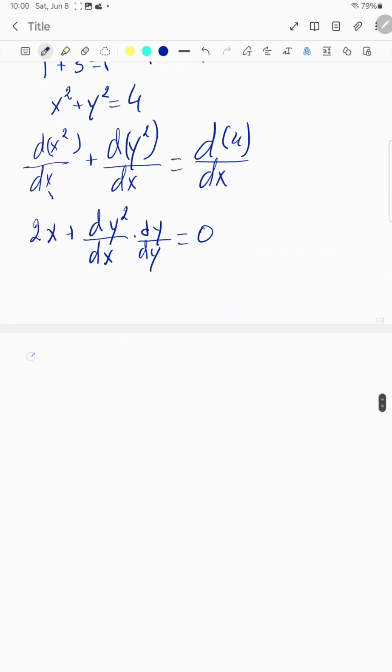Now it becomes 2x plus. I know that 3 times 4 is equal to 4 times 3, so I can swap my dx and dy, because in the multiplication of fractions, I multiply numerator times numerator and denominator times denominator. So here I will swap my denominators and nothing would change, because 3 times 4 equals 4 times 3.